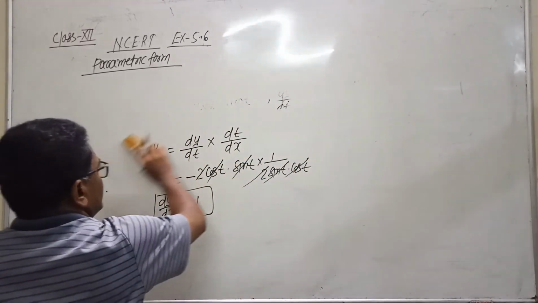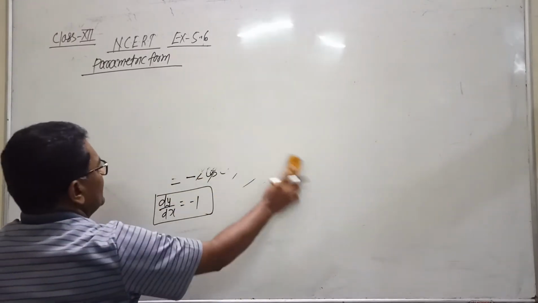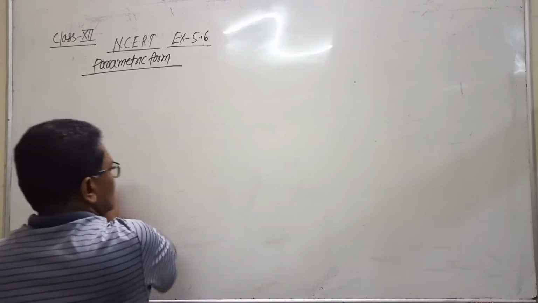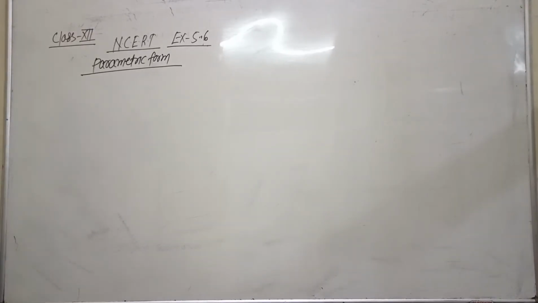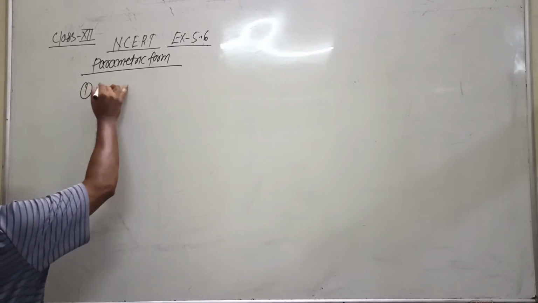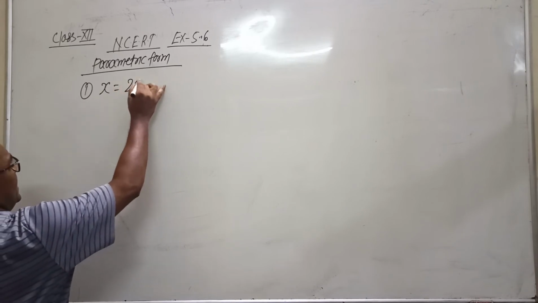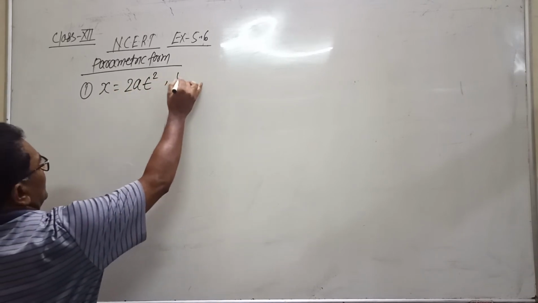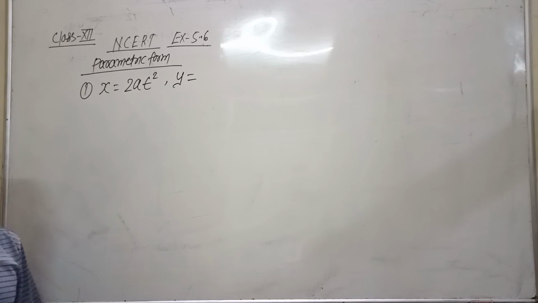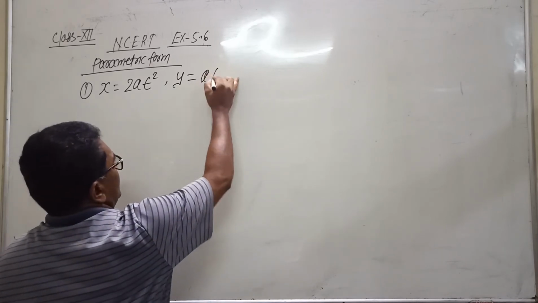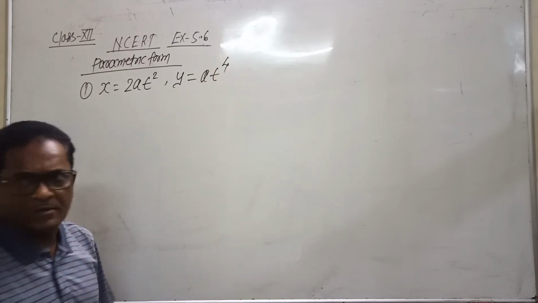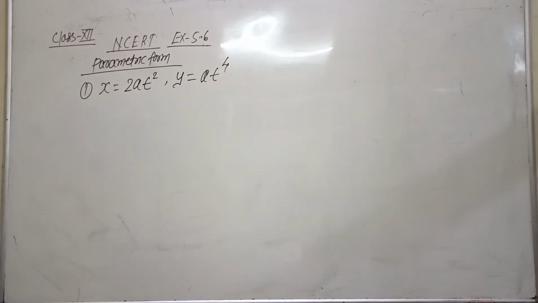Let us start the exercise 5.6, and the first question is find dy by dx. x equals 2at square, and y equals a t raised to the power 4, and we have to find dy by dx.